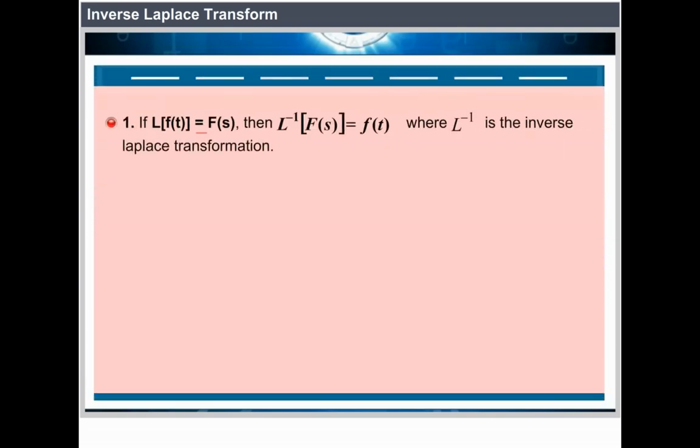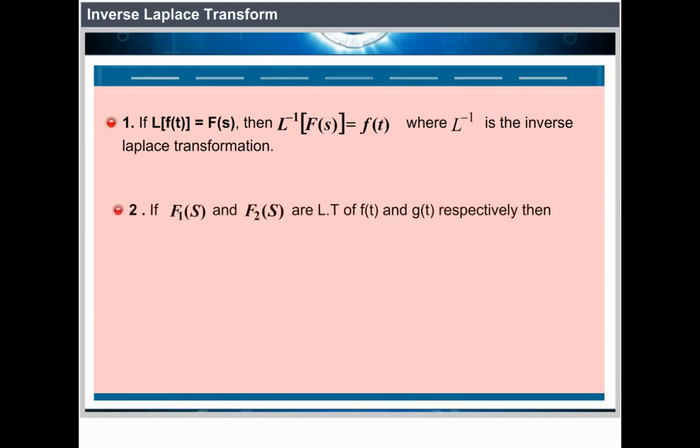Inverse Laplace transform. Number 1. If L of f of t equal to capital F of s, then L inverse of capital F of s equal to f of t, where L inverse is the inverse Laplace transformation. Number 2.